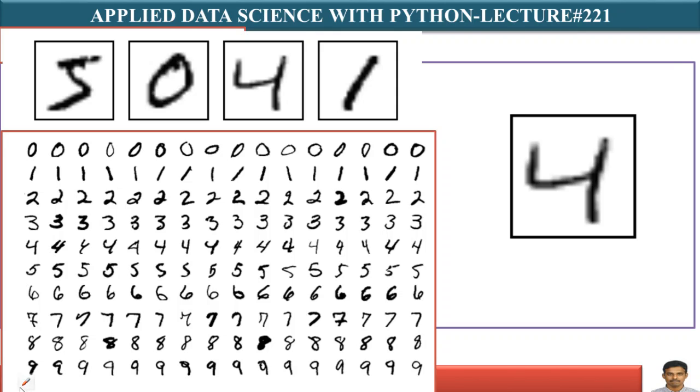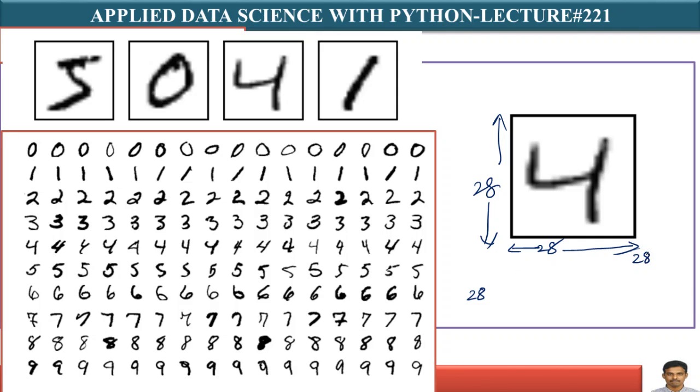This is an image of a particular number. Here you have 28 pixels, and here also you have 28 pixels, so 28 into 28 pixels. There are 28 rows.